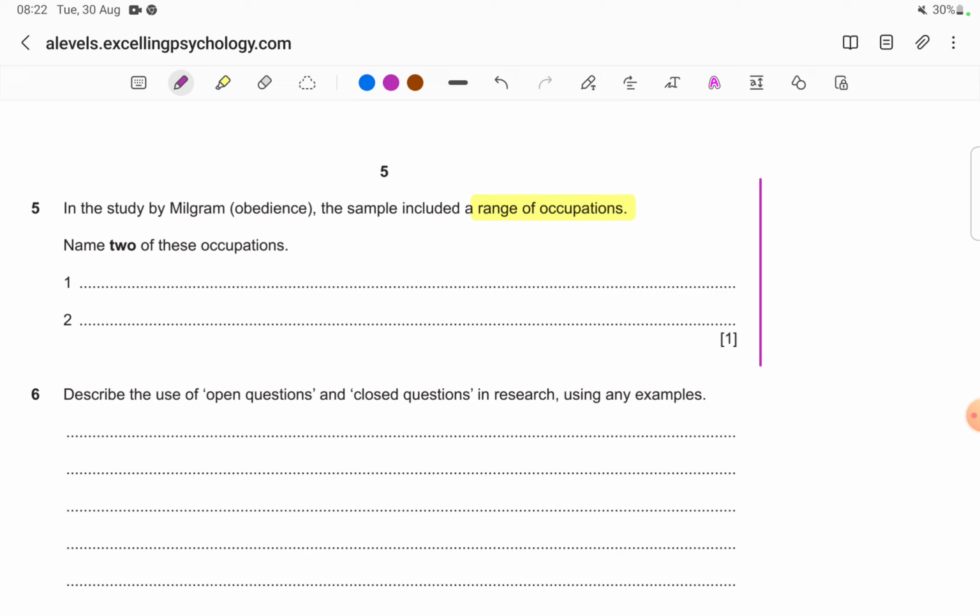I hope you can see here, because your marks are depending on it. You're getting 1 mark, which can take your grade from one level to the next, for knowing which occupations of participants were included in the study.